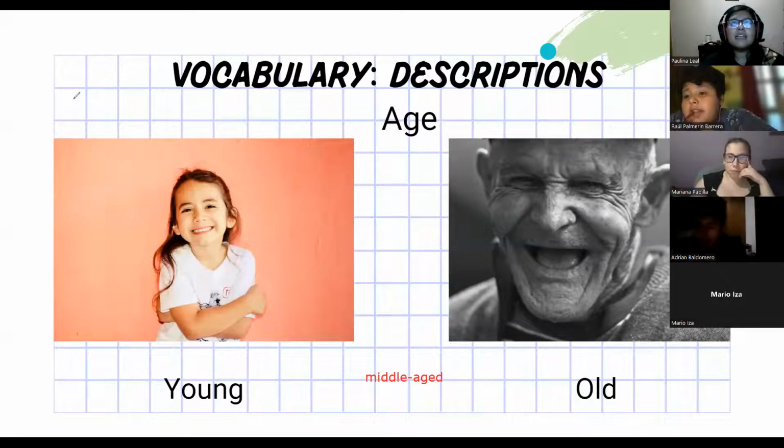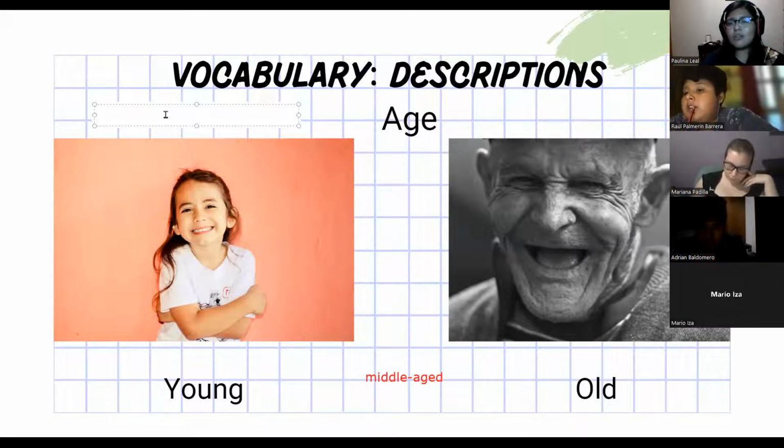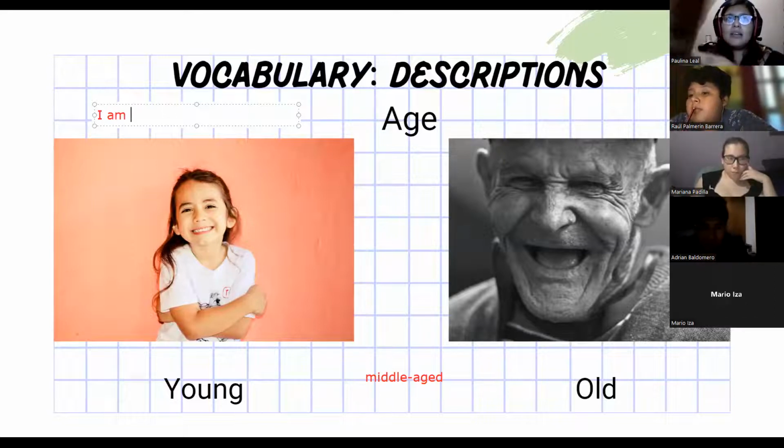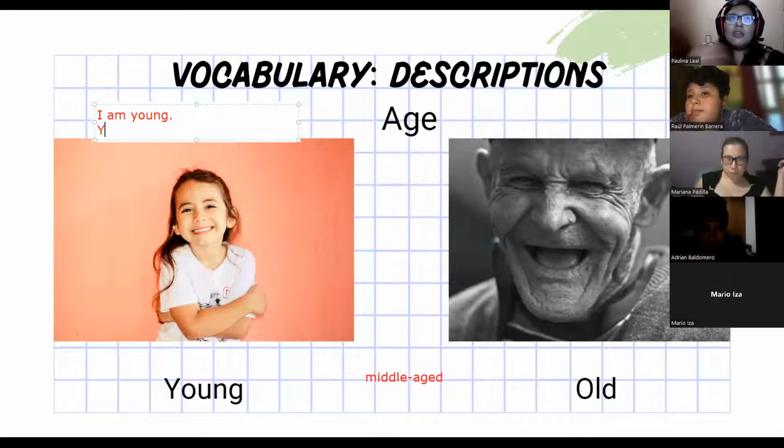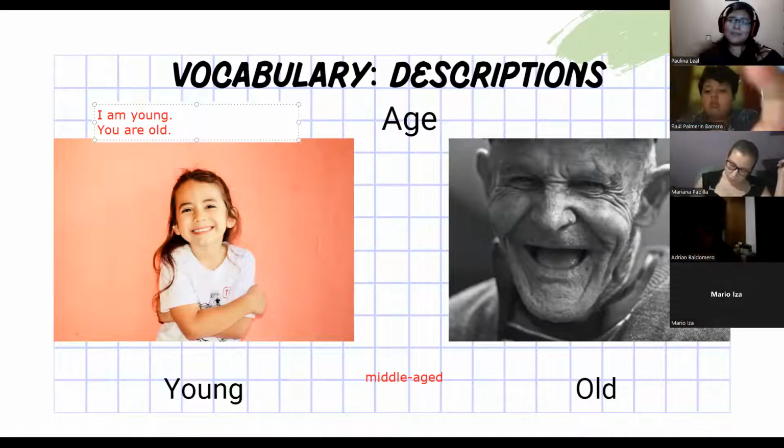Yo no voy a decir yo tengo joven, ni voy a decir ella tiene vieja. Digo, soy joven, es vieja, somos jóvenes. So that's why I'm going to use the verb be as well. I am young. You are old. He is old, etc. Yes?